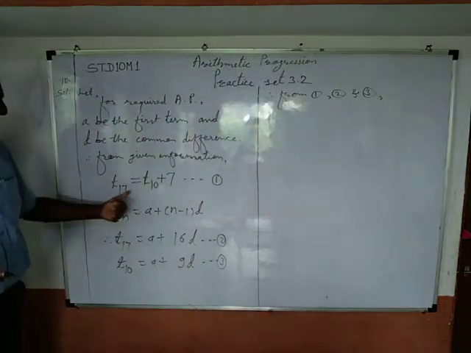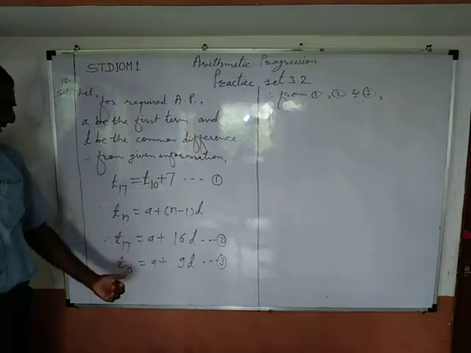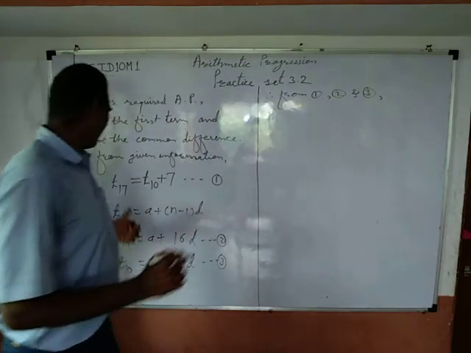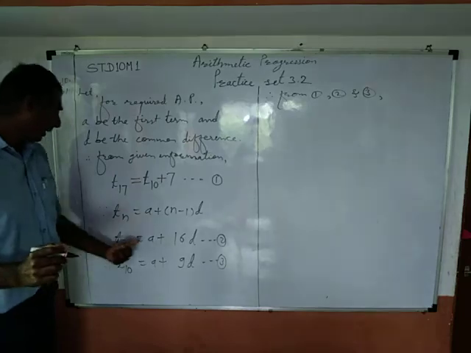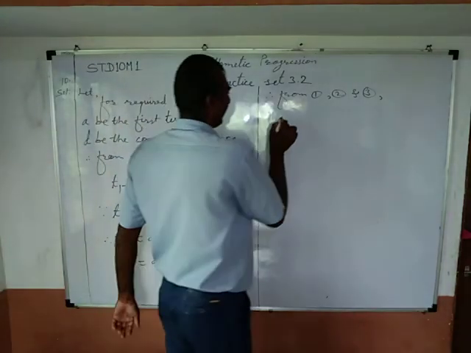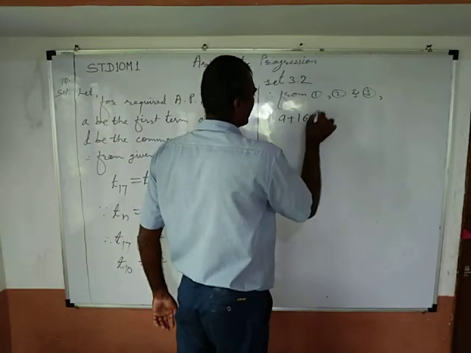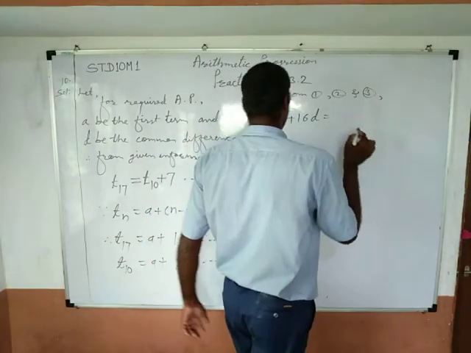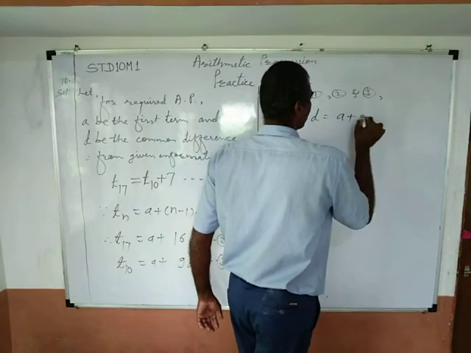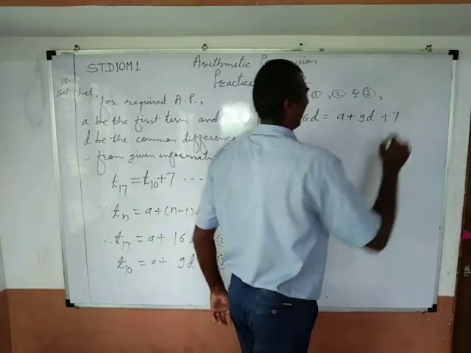And therefore from 1, 2 and 3: equation 1 is T17 equals T10 plus 7, which means a plus 16d equals a plus 9d plus 7.